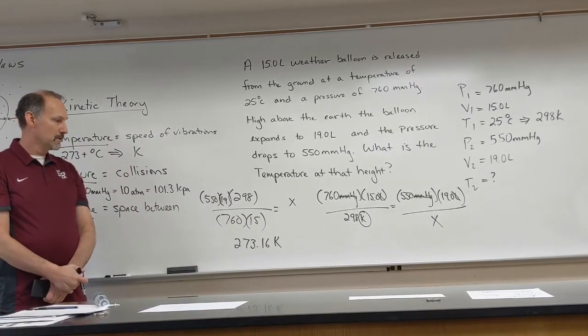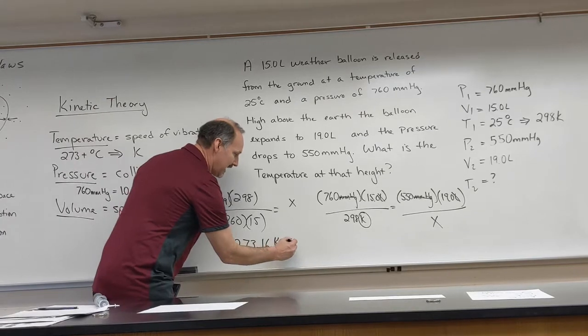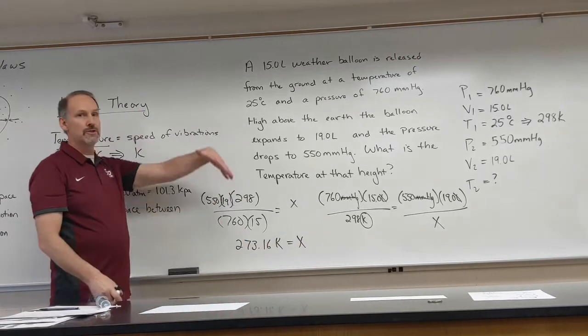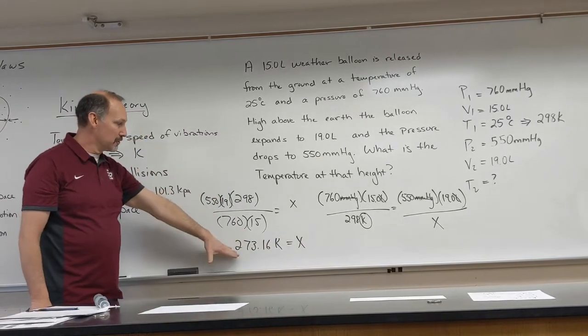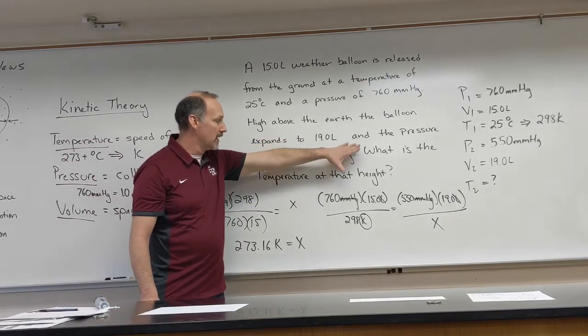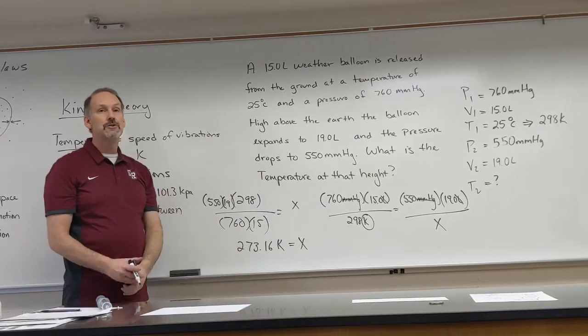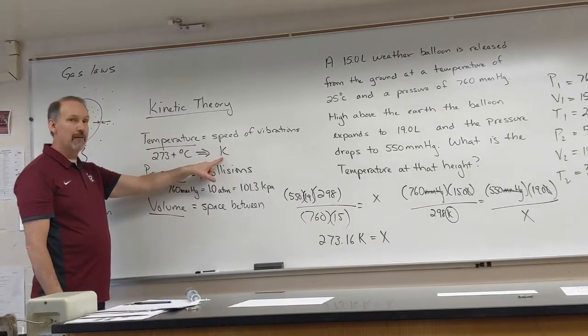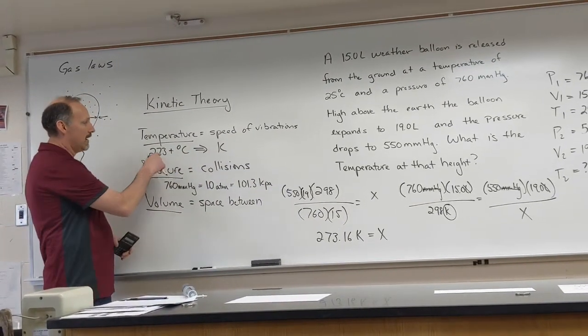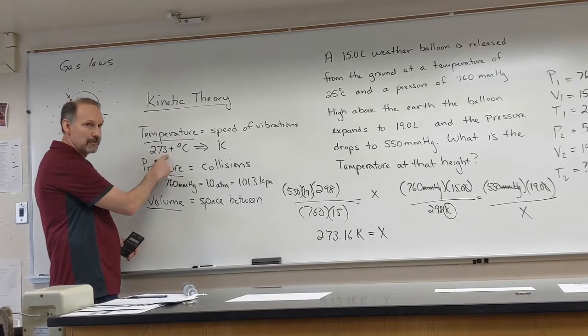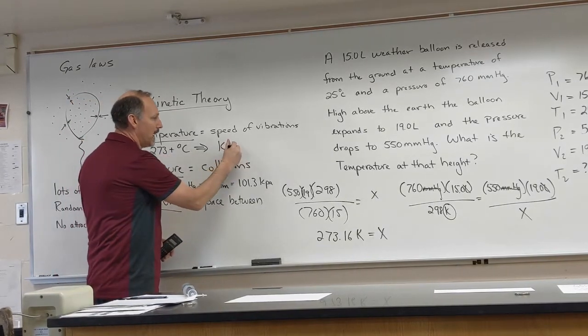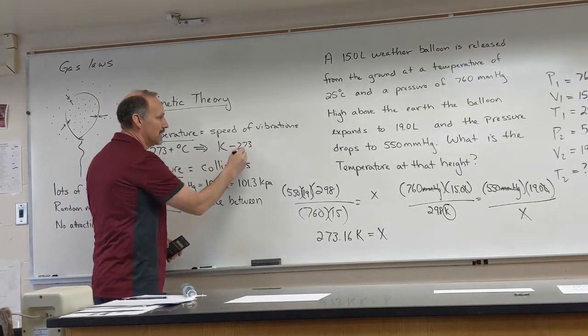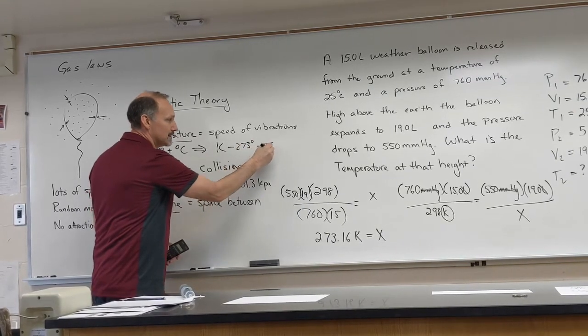Okay? So that means that as this balloon rose up into the atmosphere, the temperature to keep these conditions ended up going down to 273. If we look back here, to go from Kelvin back to Celsius, if I have plus 273, remember the opposite algebra, we put minus 273 to turn it back into Celsius.